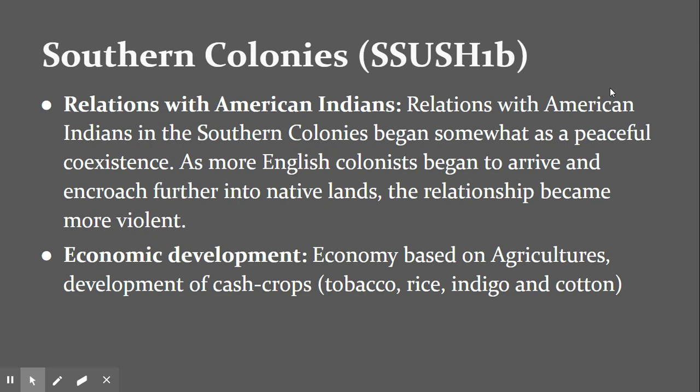So the economic development, though, the economy based on agriculture's development of cash crops: tobacco, rice, indigo, and cotton. So understand that the good thing that's going to come out of this is, A, it's going to give people something to do, such as grow their tobacco, the rice, indigo, their cotton.